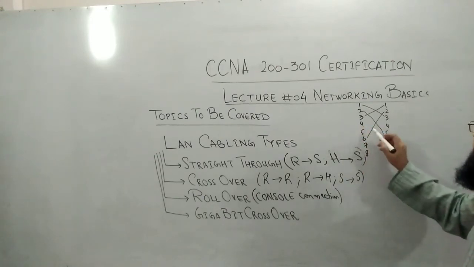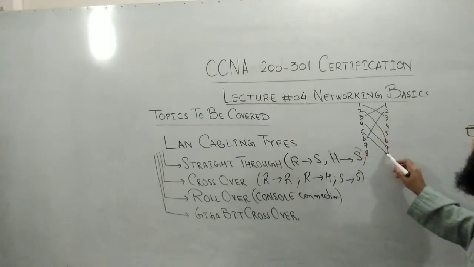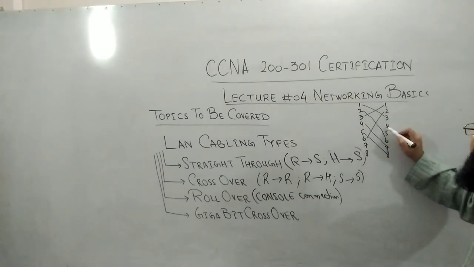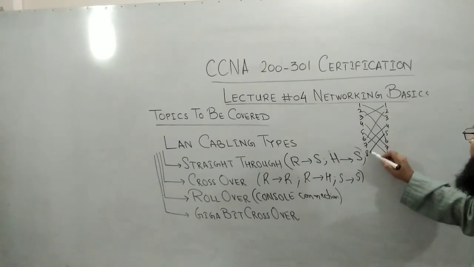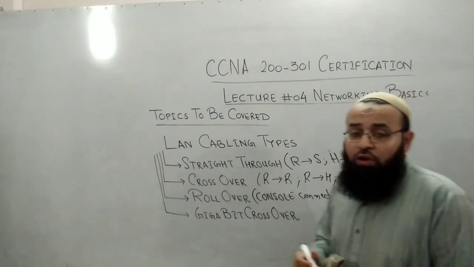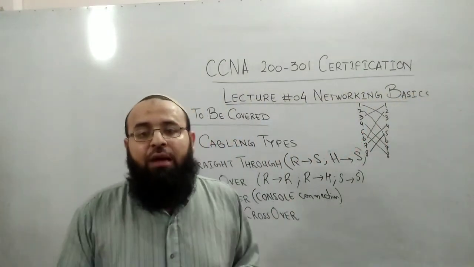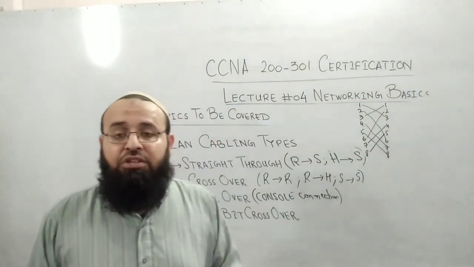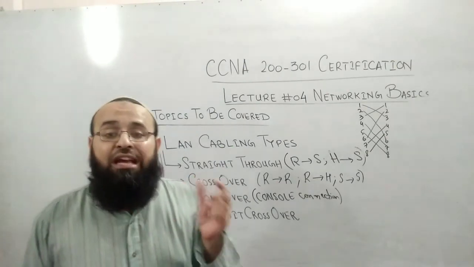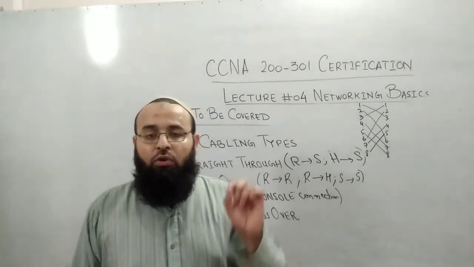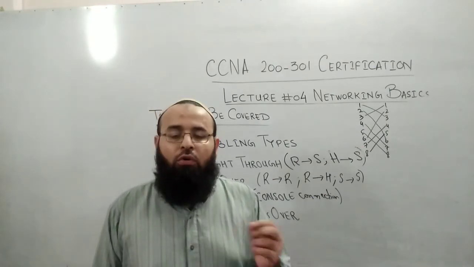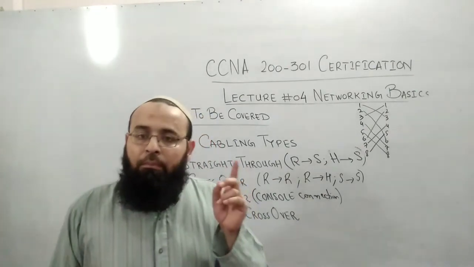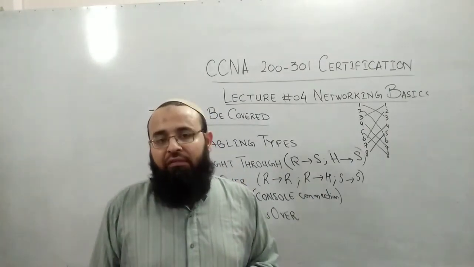So 4 is connected to pin number 7 and 5 is connected to 8, and similarly on the other side. In which situation do you have to use this type of gigabit crossover connection? When you have a gigabit Ethernet port on your switch or on your router, then you have to make use of all the 8 pins available to you.